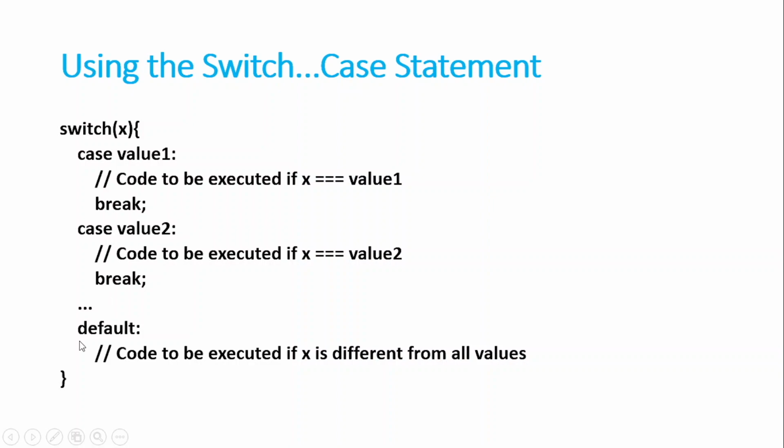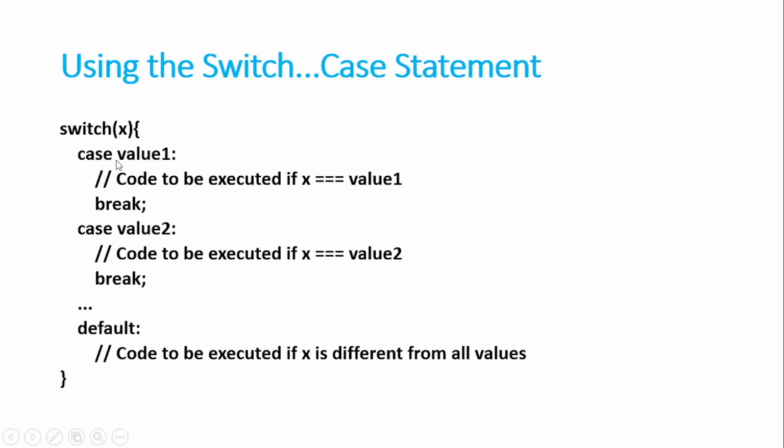In the curly brackets we have this case and then this value 1. This value 1 is the value we want to check against, and then that code is executed. After that we stop the code execution with this break keyword, so it will not check other cases, it will break the switch case statement and exit.